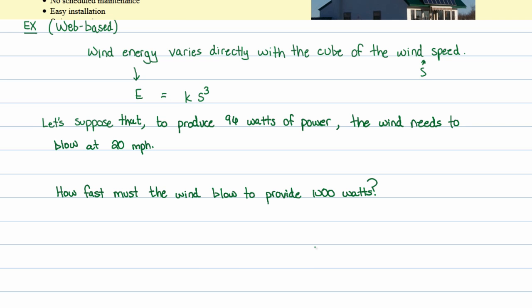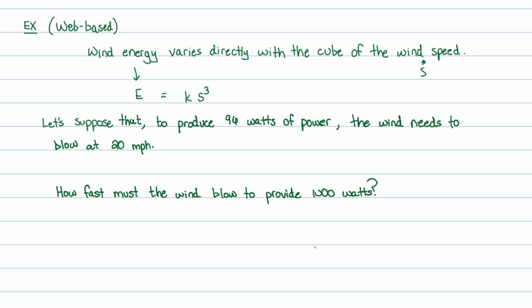Now that we've found the formula, let's suppose that we want to produce 96 watts of power, and to produce that, the wind needs to blow at 20 miles per hour. That is our link to allow us to find what K is, the constant of proportionality. We know that when the energy is 96, the speed of the wind has to be 20.